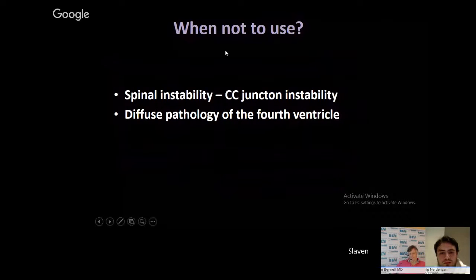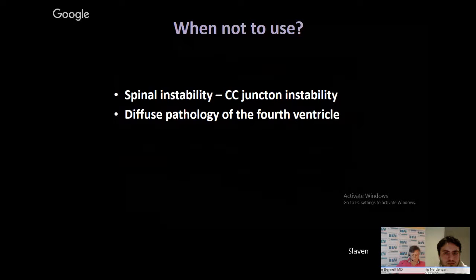When not to use, I found only two cases which can really be argued when this approach is not favorable to be used. So this is the spinal instability. Because of the relative proximity to the atlanto-occipital junction, this approach may not be recommended in patients who have this instability of these junctions.